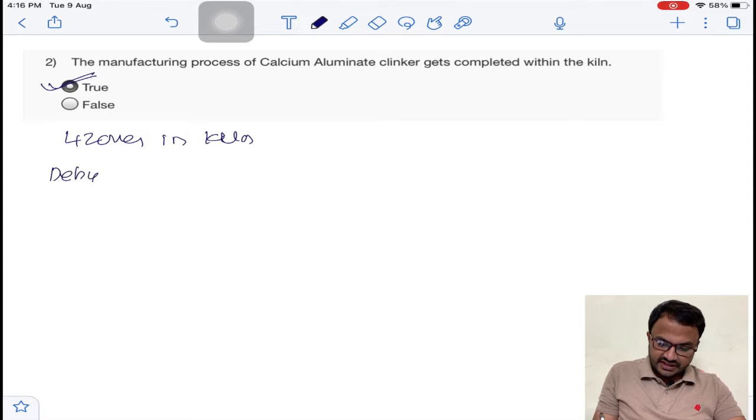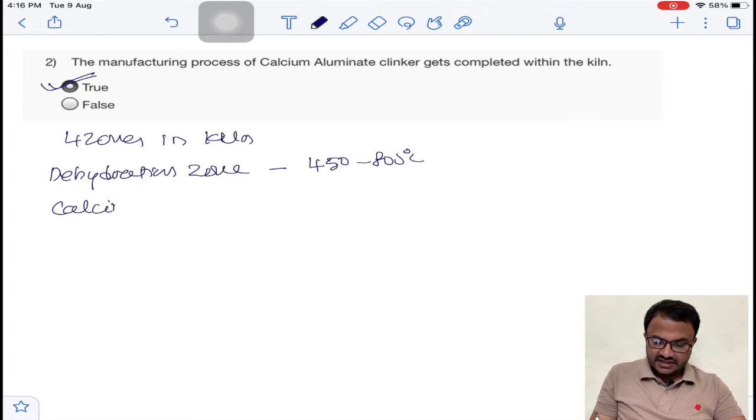The first zone is the dehydration zone. In this dehydration zone, the temperature ranges from 450 to 800 degrees centigrade. The next zone is the calcination zone, 800 to 1350 degrees centigrade.